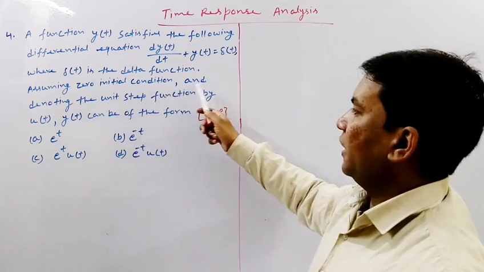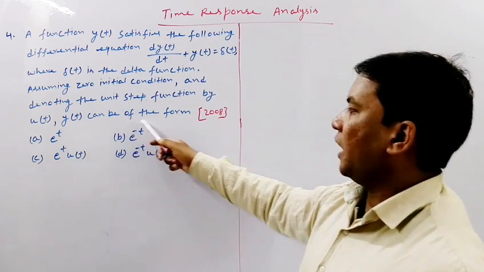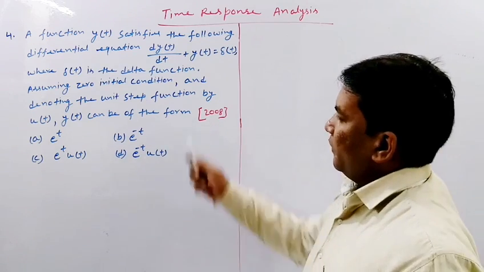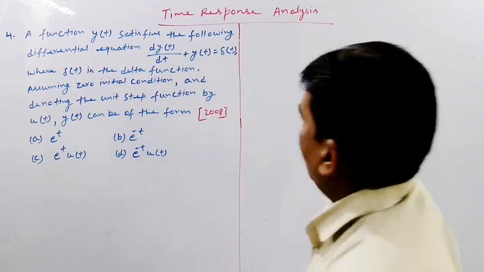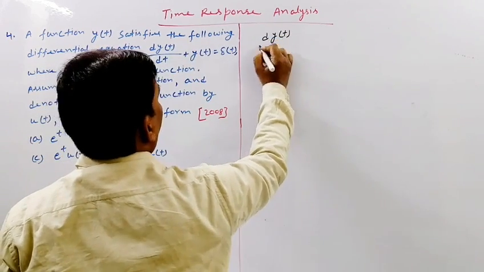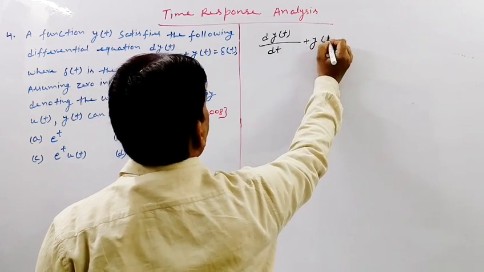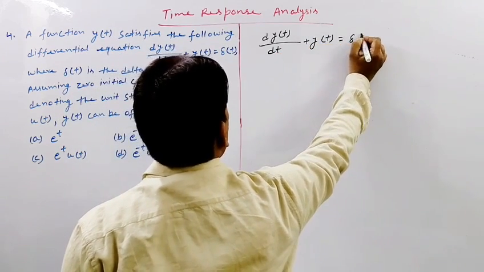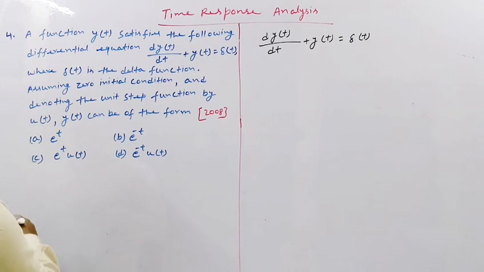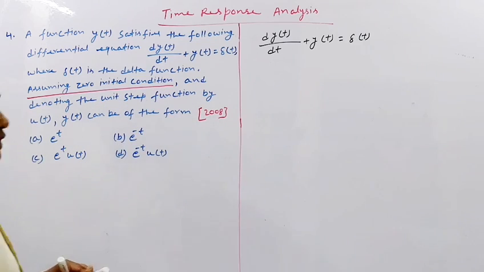Assuming zero initial condition and denoting the unit step function by u(t), y(t) can be of the form... So the differential equation is given: dy(t) by dt plus y(t) equal to delta(t). Also it is given that the initial condition is 0.